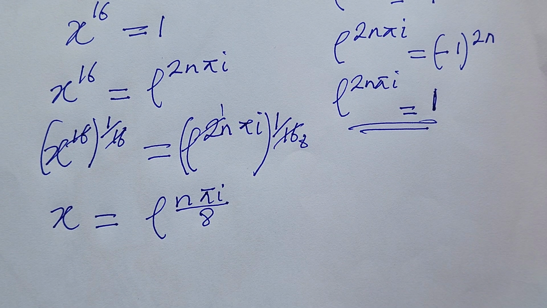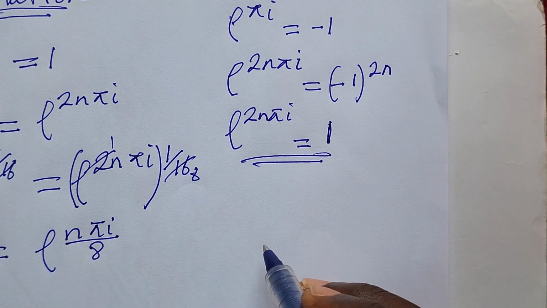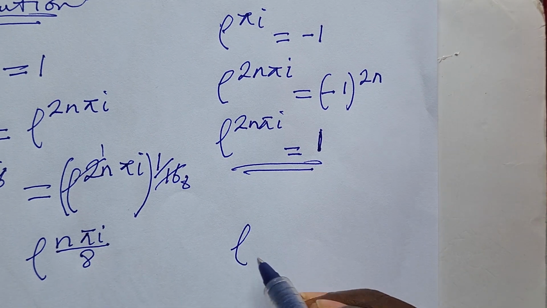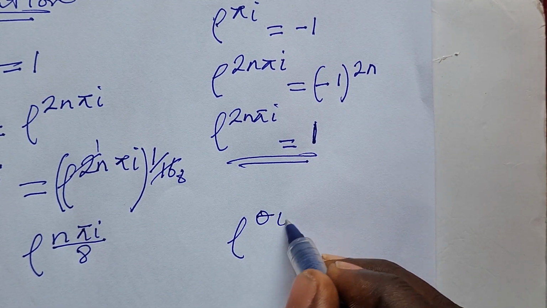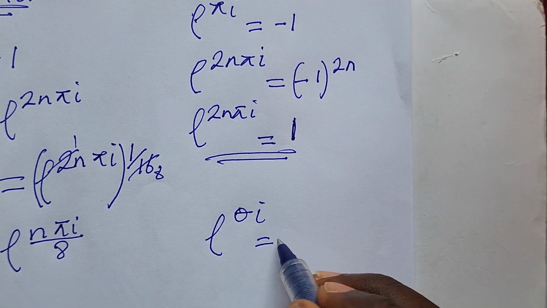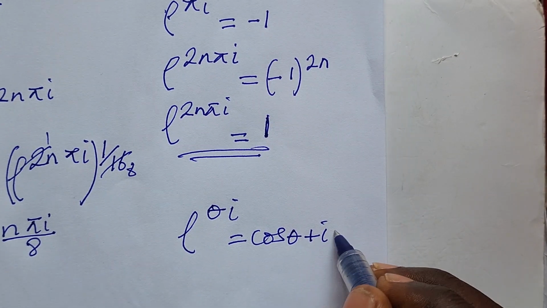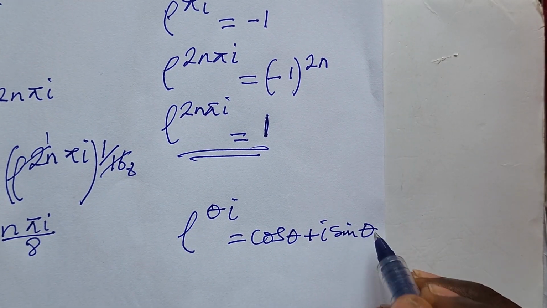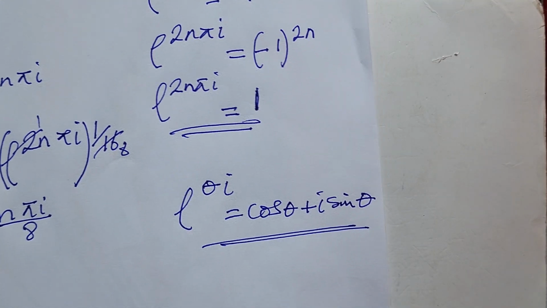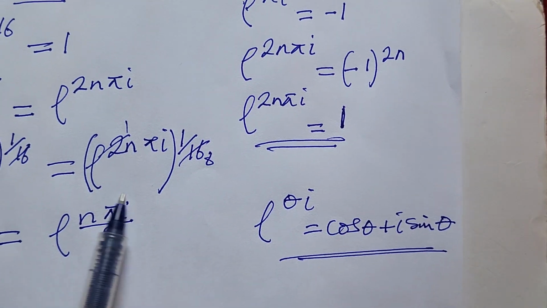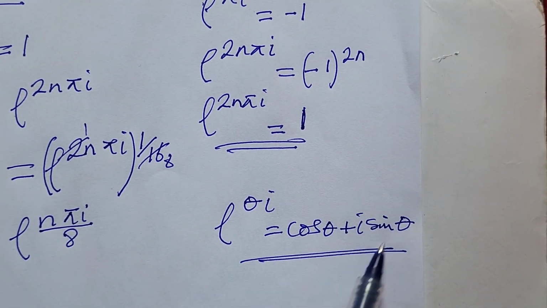So what do we do from here? We remember our Euler equation. What does it say? It says that e to the power of theta i is equal to cos theta plus i sine theta. Remember this beautiful equation? Yes, so we can represent what we have here in this format.